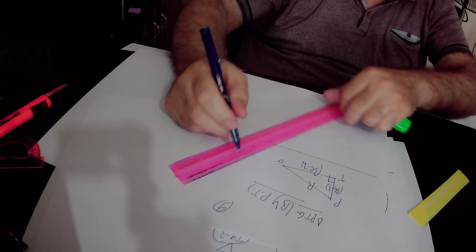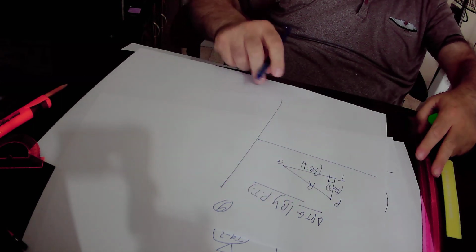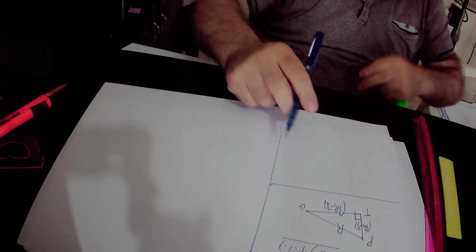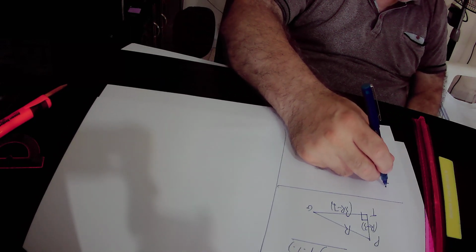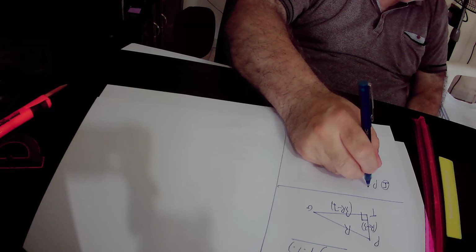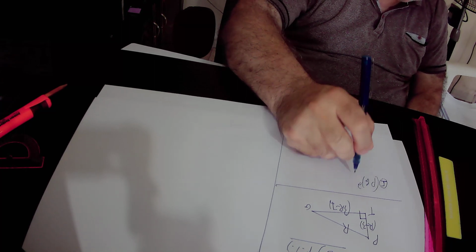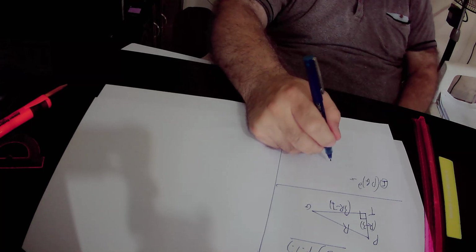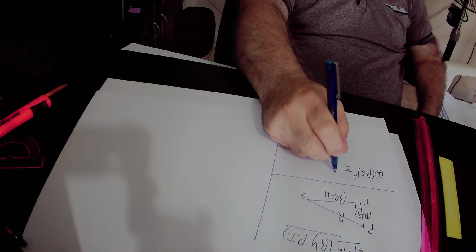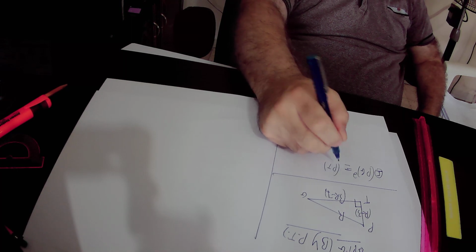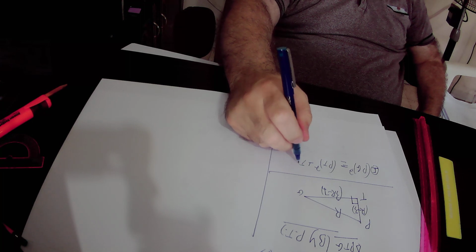So here, the hypotenuse is PG, therefore the square of the hypotenuse is PG squared, and it must be equal to the sum of the squares of the perpendiculars. That is to say, it must be equal to PT squared plus TG squared.